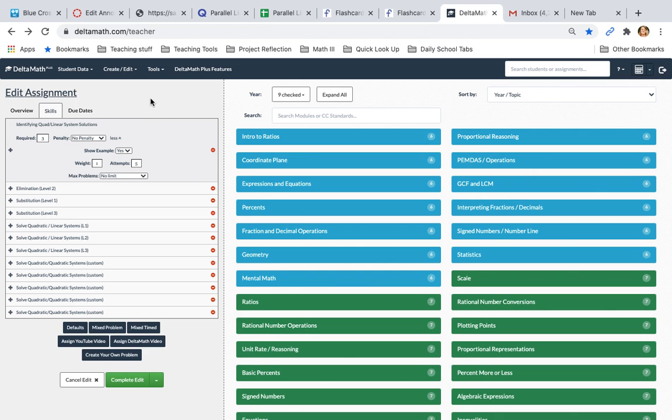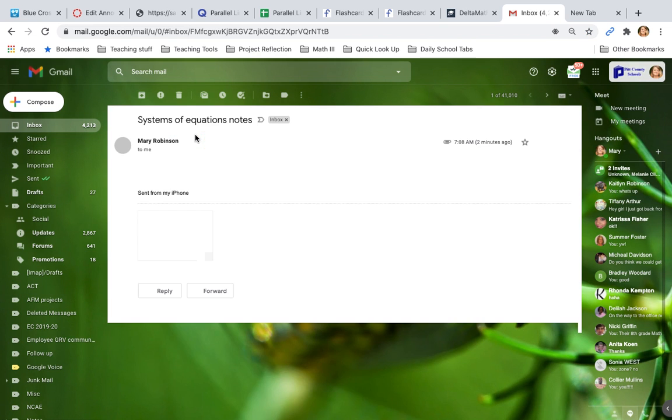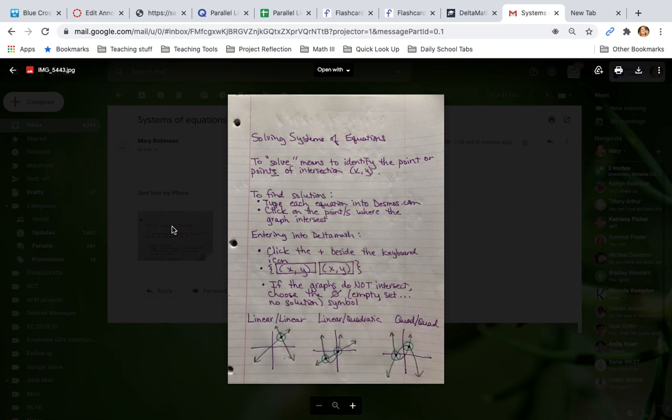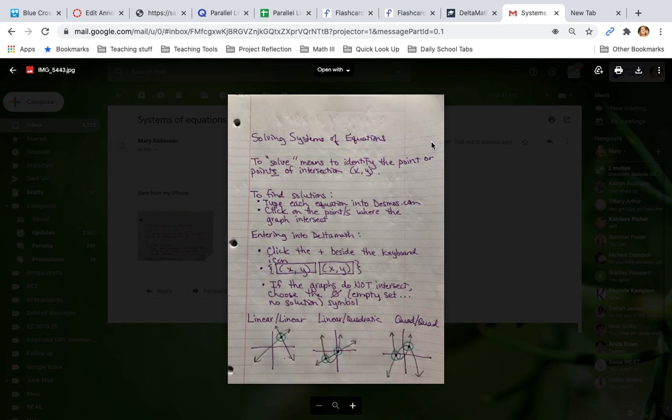You do have a set of notes in your announcements that look like this. I do want you to write those down and turn them in. That way we know that you have in your notebook the set of steps that will help you for your quiz tomorrow.